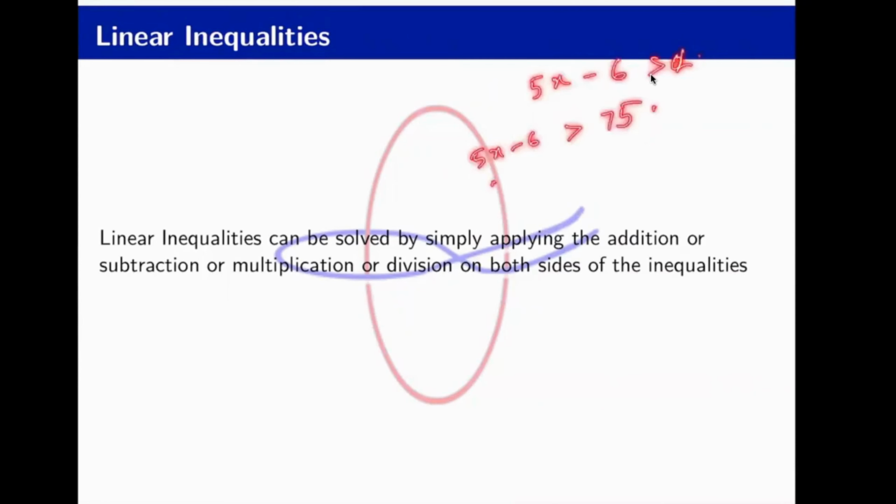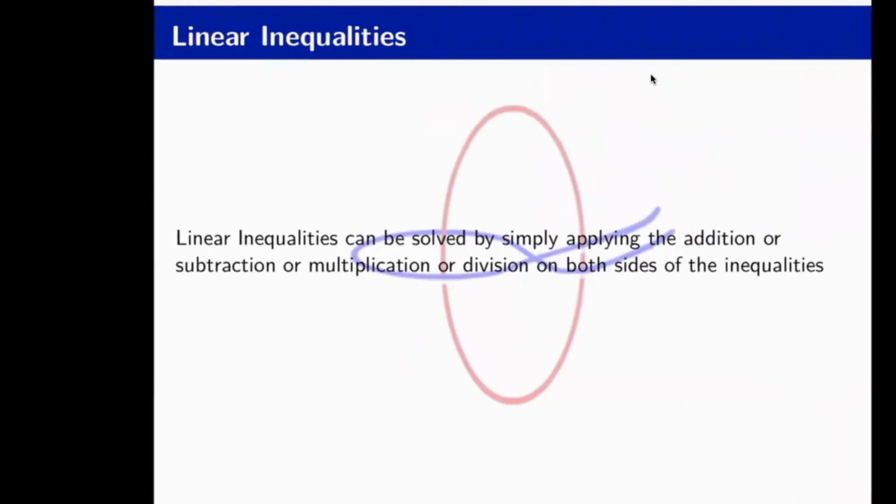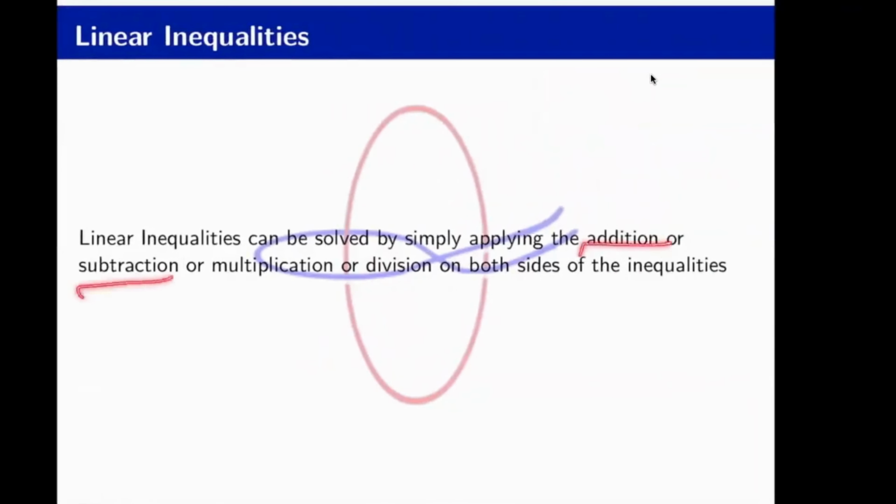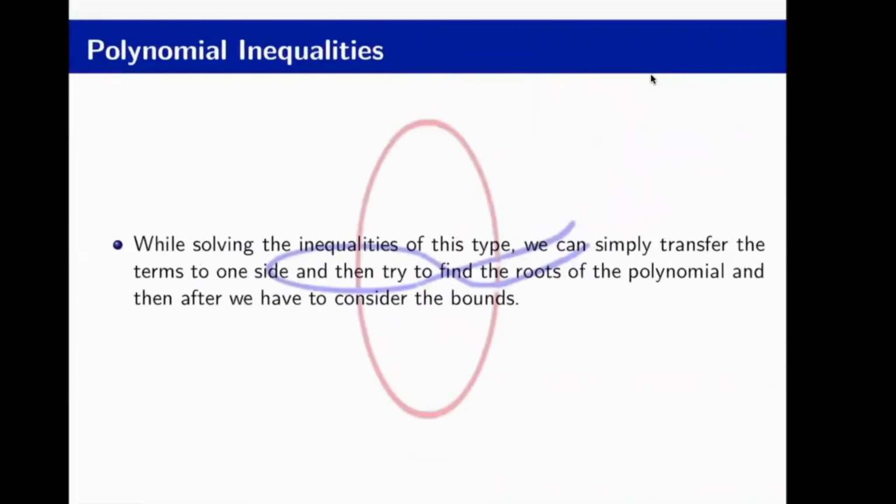In order to solve this, we add 6 on both sides, so we get 81, and we divide by 5 on both sides. So here we are basically adding, subtracting, multiplying or dividing on both sides of the inequality. In this way we generally solve linear inequalities.